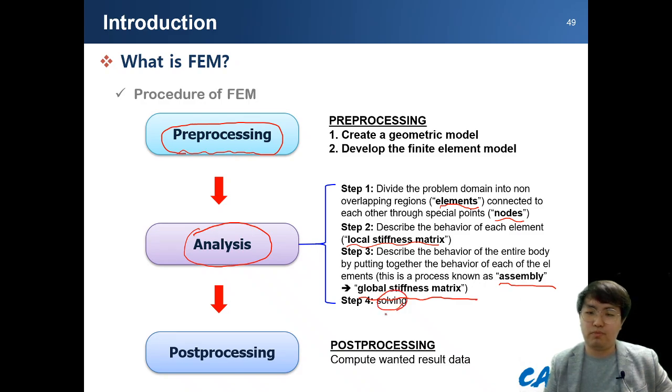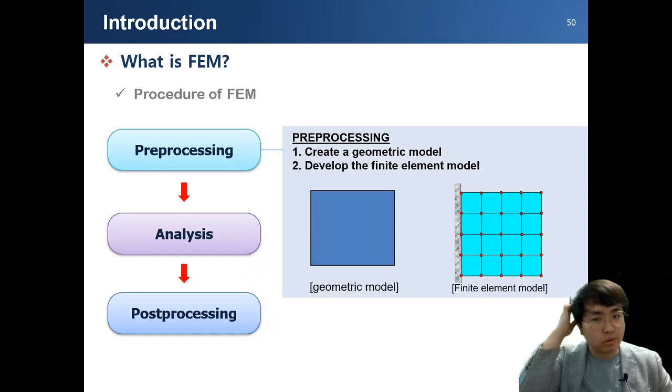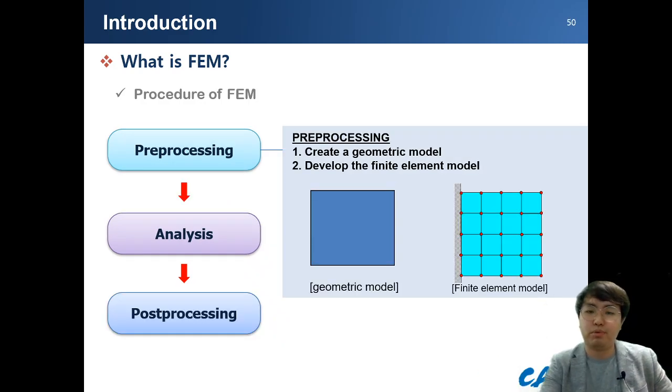After obtaining the solution, we need post-processing to plot the result graphically. Pre-processing means that from the continuous model we design the finely discretized element model.